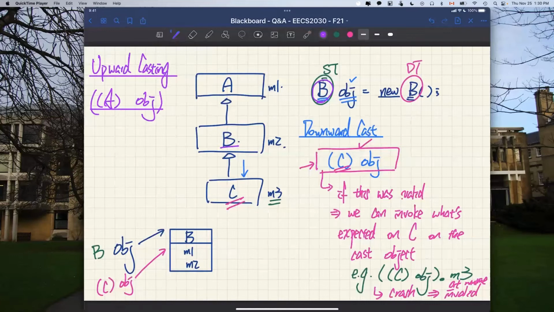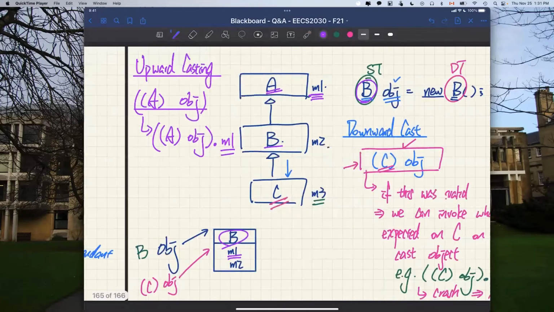Anything that's expected on A, which will be just M1. So you can do something like cast to A, parenthesis, and then dot M1. M1 is the only expectation of class A. In this case, can you invoke M1 on this object here dynamically? Indeed, because B is a descendant of A.